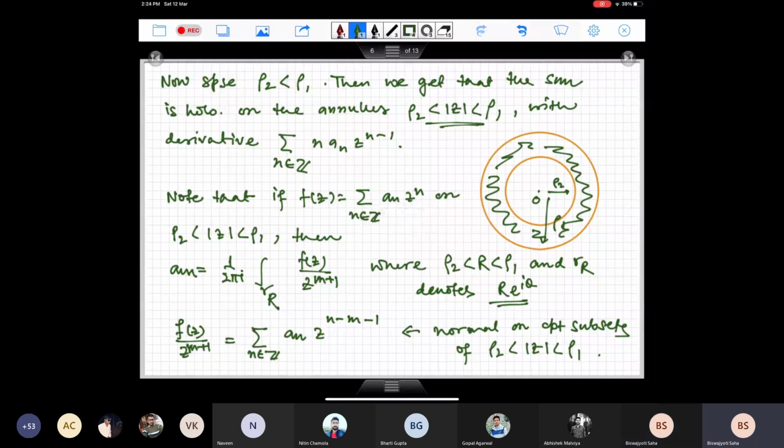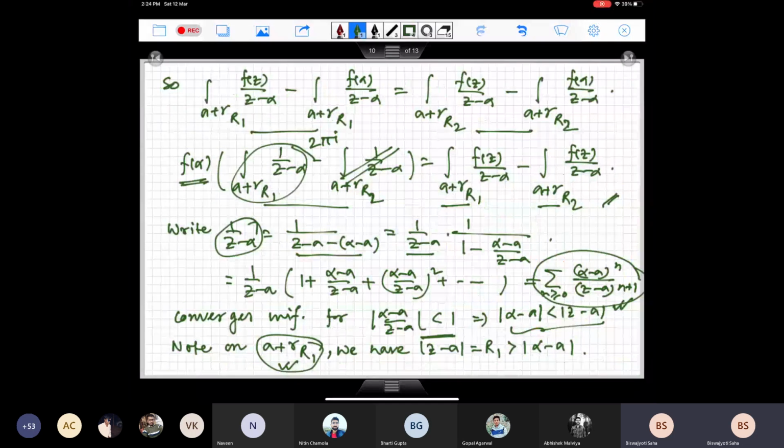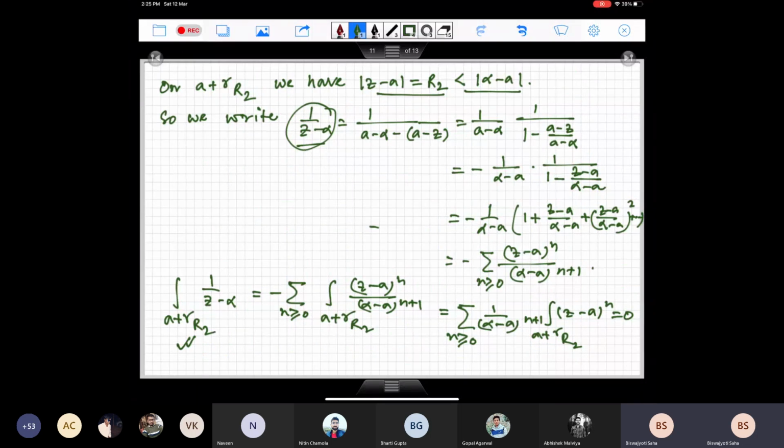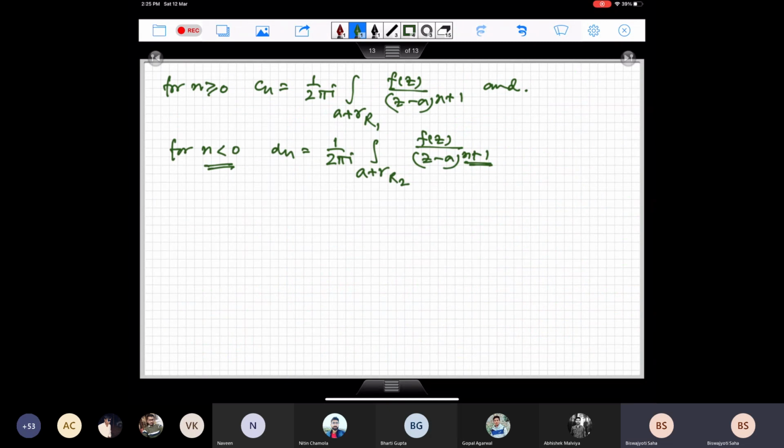Somewhere, yeah. You see, this was the expression in the case of the formal Laurent series, where of course the center was at 0, am was 1 over 2 pi i, integral over gamma r, f(z) by z to the power m plus 1. This is exactly what we take over here.